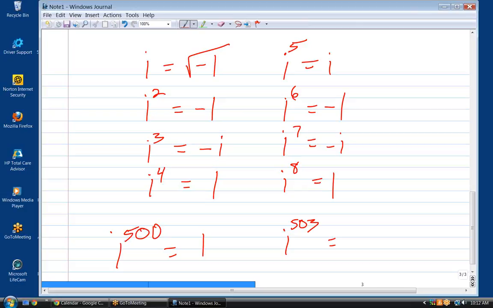If i to the 500th is 1, then i to the 501st power would be i. So this 503 is going to be the same as i cubed. So that's going to be minus i. And that's how you do those.